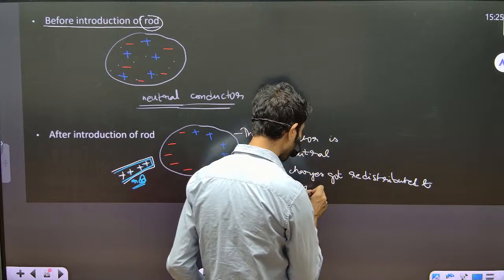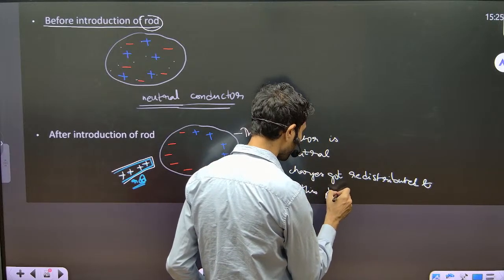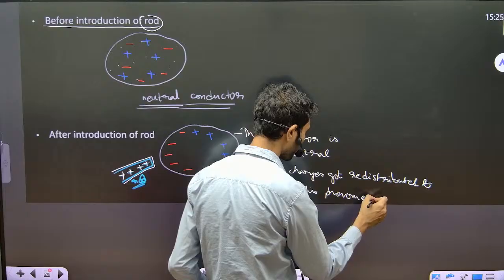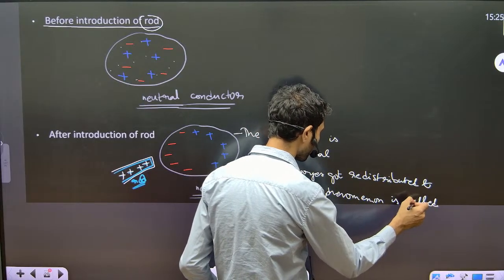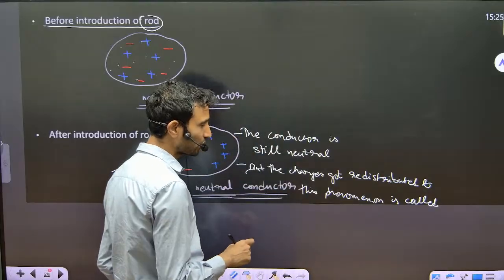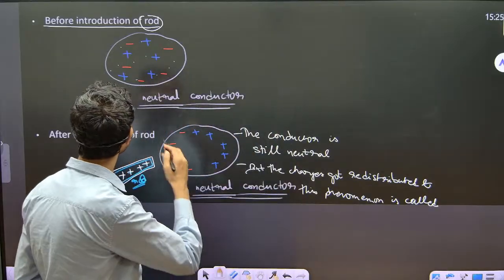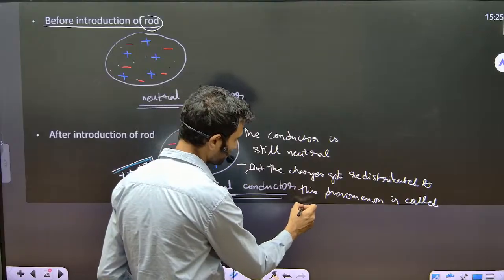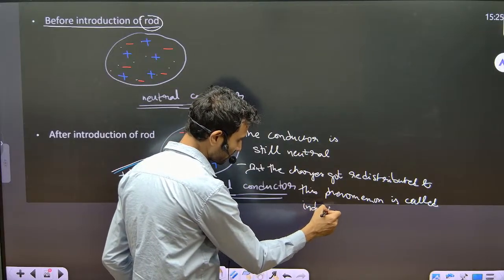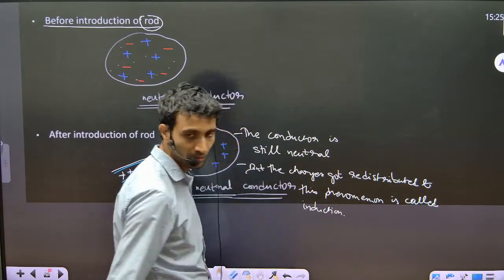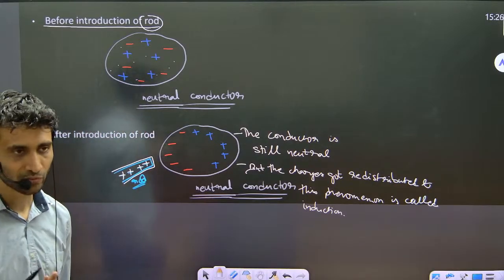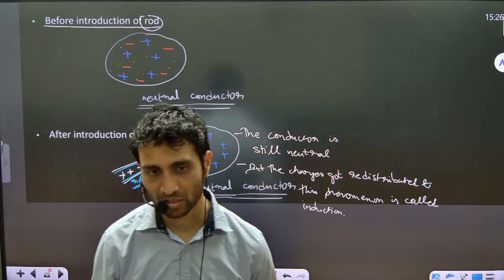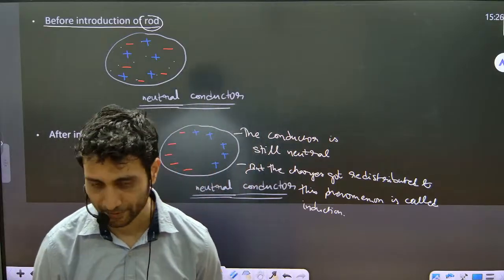And this phenomenon is called what? Induction. Understood? Right? Just the redistribution of charges due to the presence of some other charge in a conducting object is called induction.